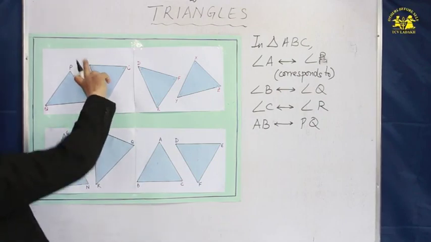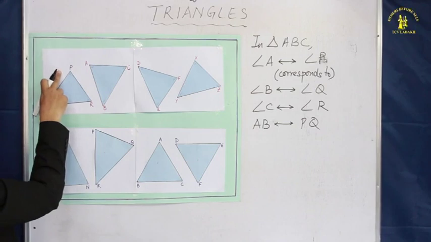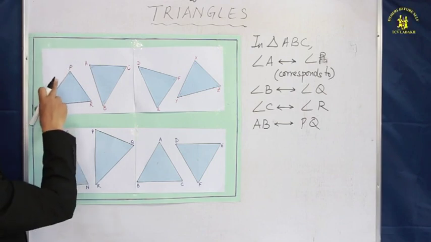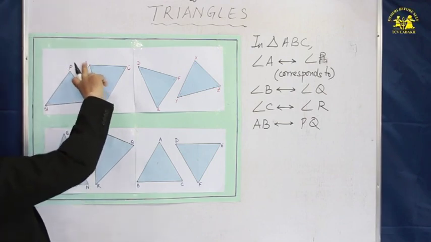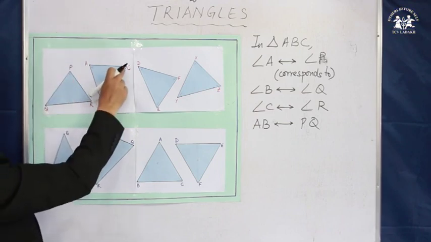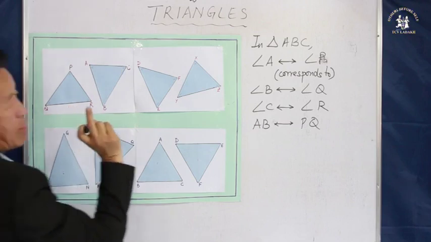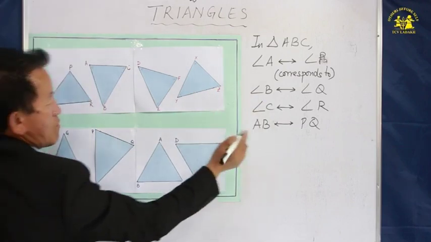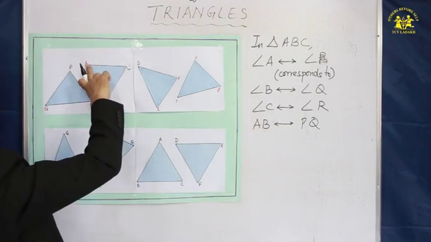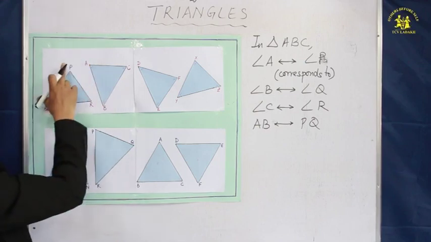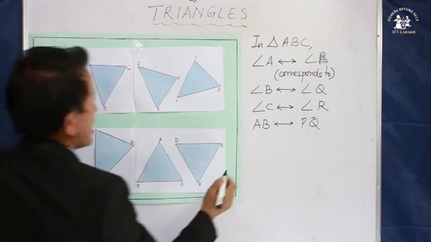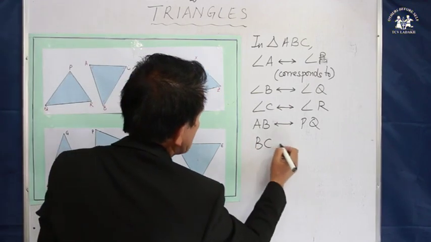If you look at the angles, you'll find that the angle opposite to side AB and side PQ, both of them are 60 degrees, right? So side AB corresponds to side PQ of triangle PQR.